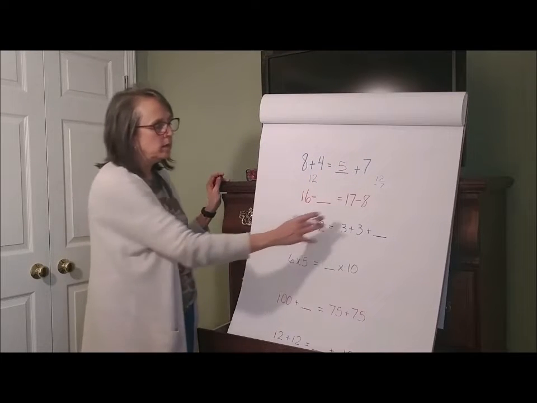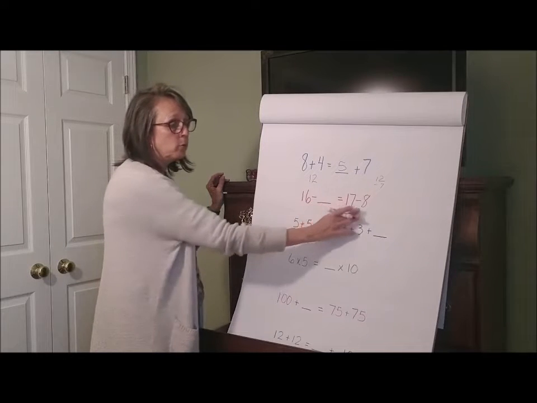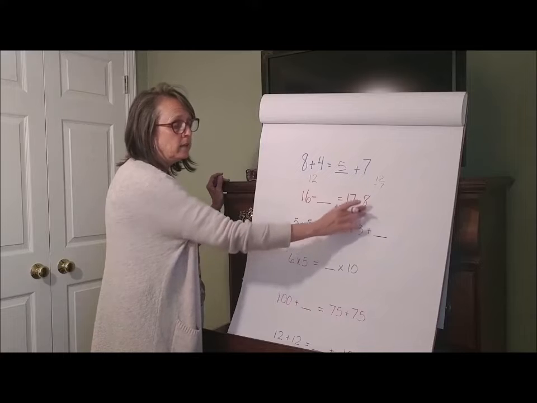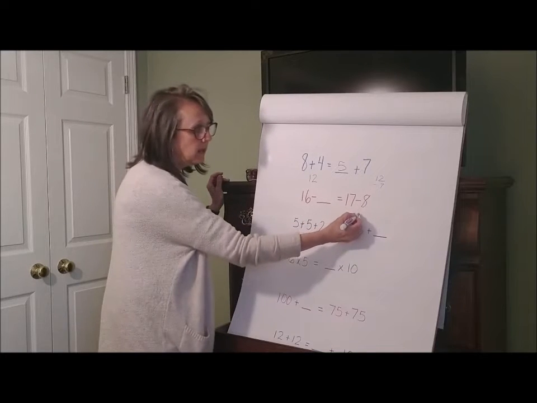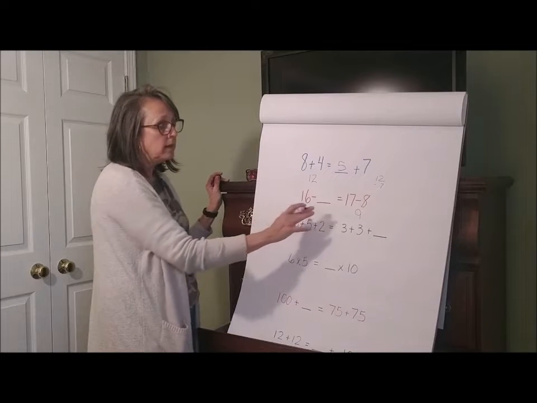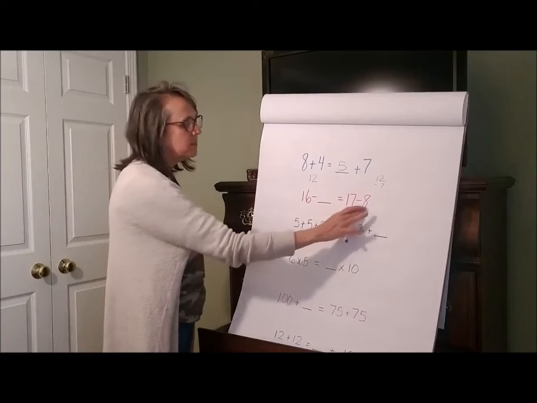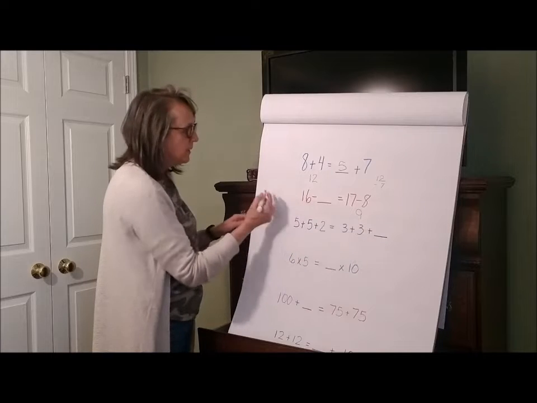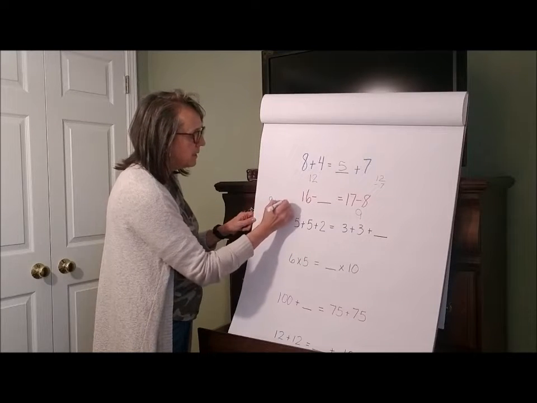Okay, on the next one, I'm missing information on the front end. So I'm going to solve the side that has everything. So 17 minus 8 is 9. So I need to find out 16 minus, so this side, 17 minus 8 is 9. So 9 plus something to get to 16.